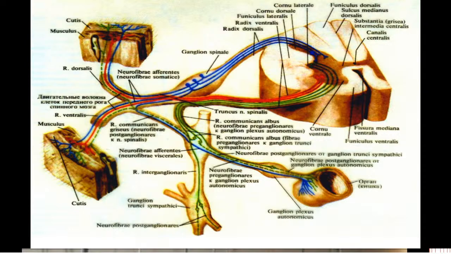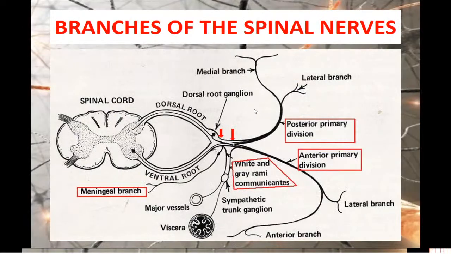This scheme of the reflex arc will help you to understand how the spinal nerves are formed. Usually I'm telling my students, spinal nerve is like a tree because it grows from the roots. Then roots join together and form the trunk of the spinal nerve like in the tree, and then this trunk gives off the branches. Each spinal nerve has the following branches.